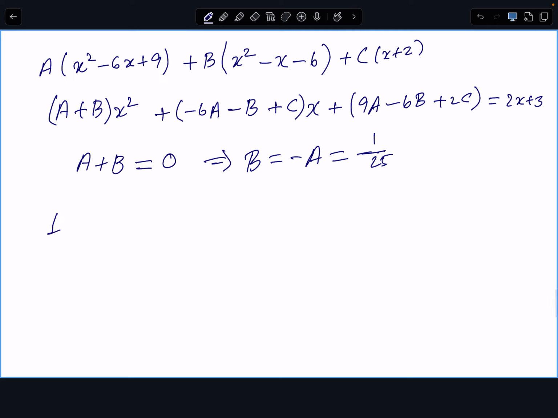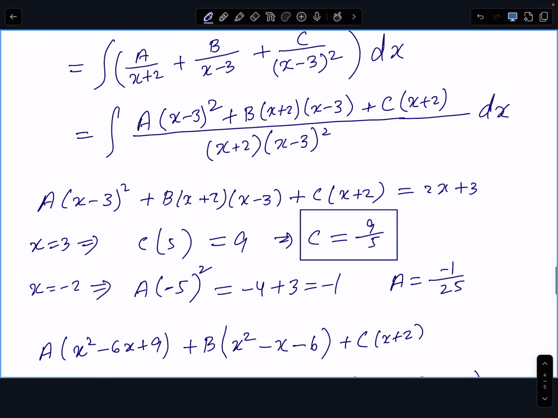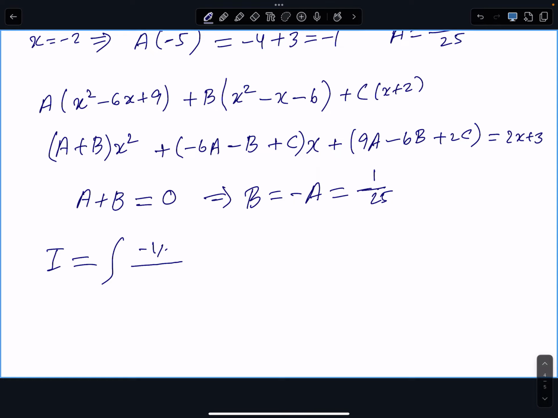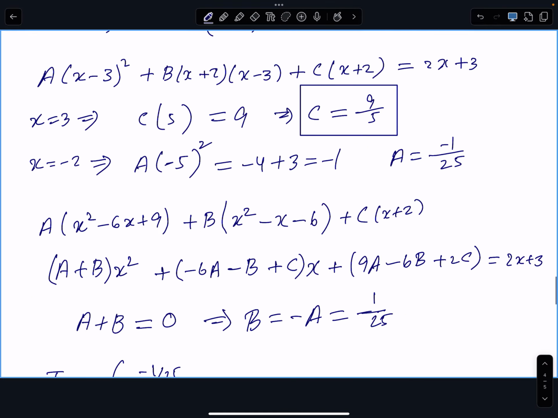And now we're gonna say I equals minus 1 over 25, integral of, what was A, is minus 1 over 25 over x plus 2.